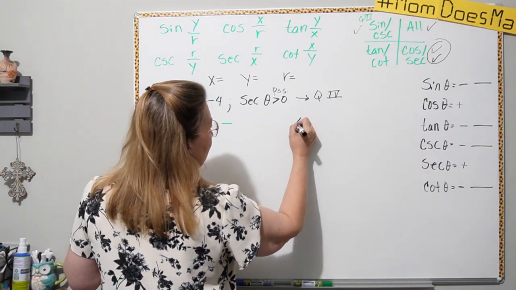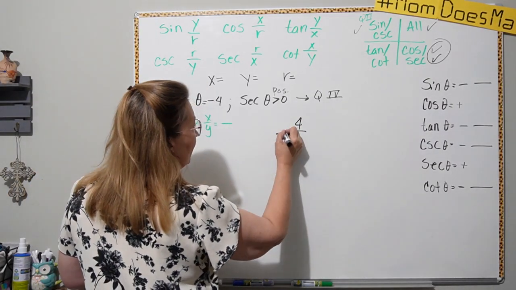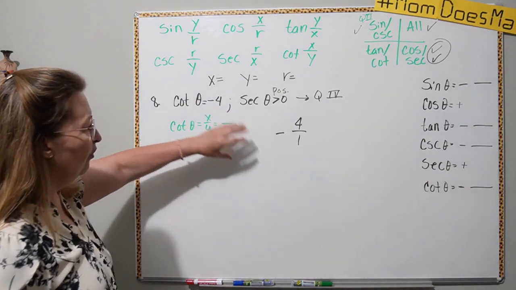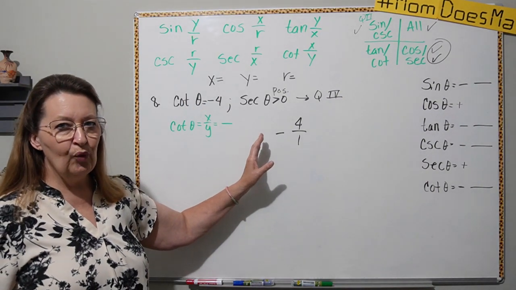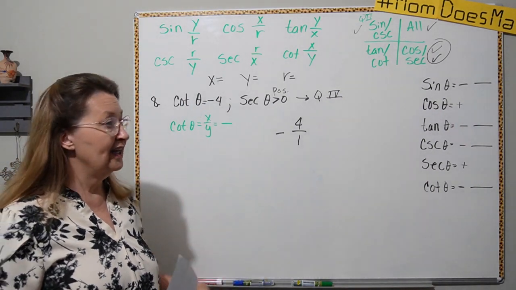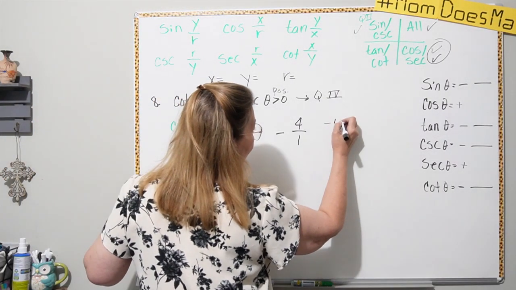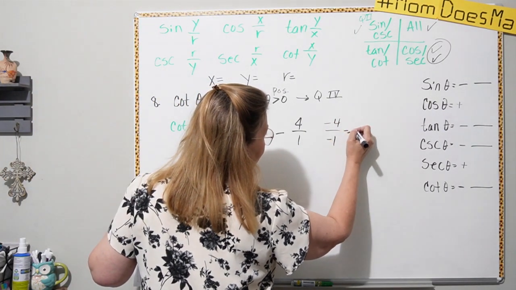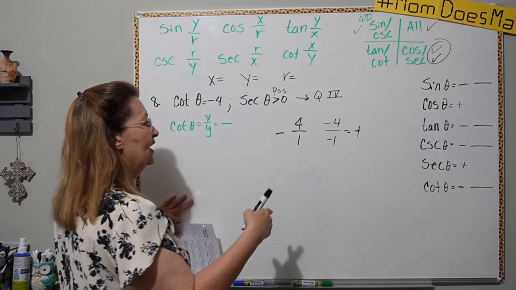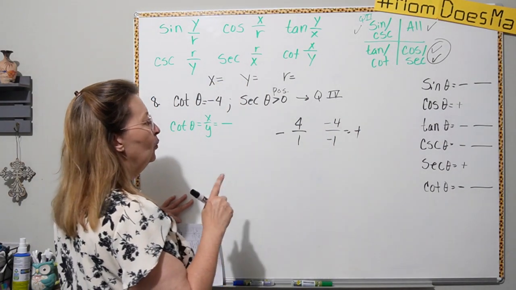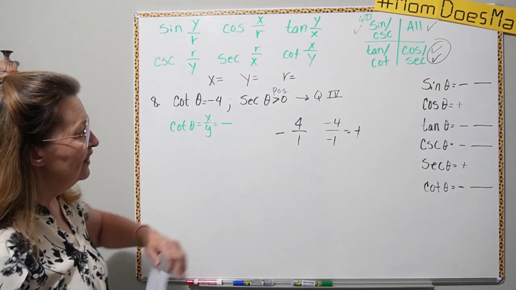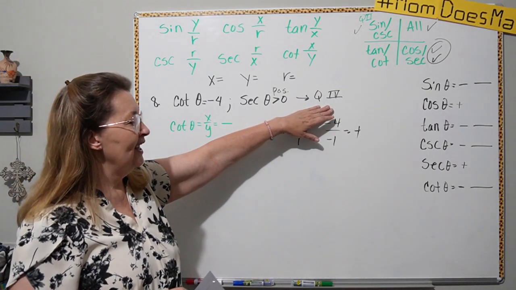Well, I know you're saying you can put 4 over 1. The problem is now the whole thing is negative, and I don't know which number is negative. They can't both be negative, because if it's -4 over -1, then that would be positive. So they're not both negative. I need to know which one is negative. That's where this is going to come in handy.